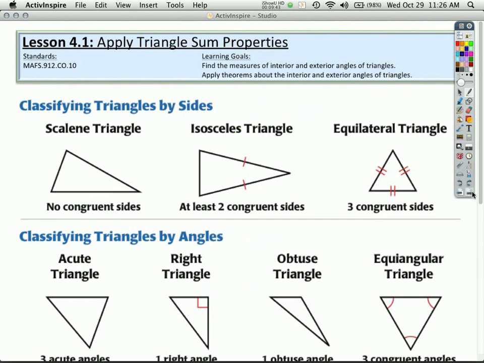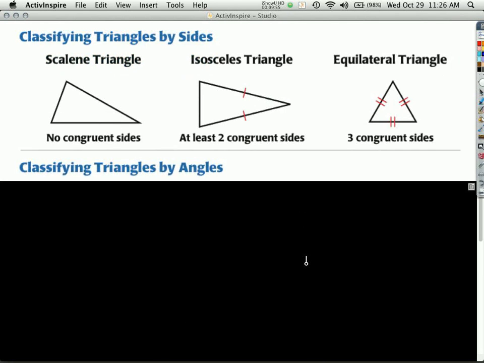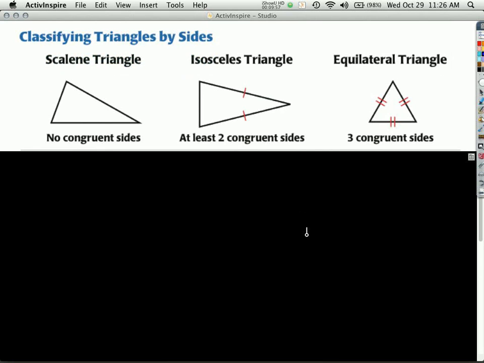So let's jump in and start learning about triangles. Now, I've said this to you before and I'm going to say it again. There are things that you should be writing down and there's things that you don't necessarily need to write down. How do you know? Well, if it's something that I really am emphasizing, I might highlight it or underline it or circle it. That's a clue.